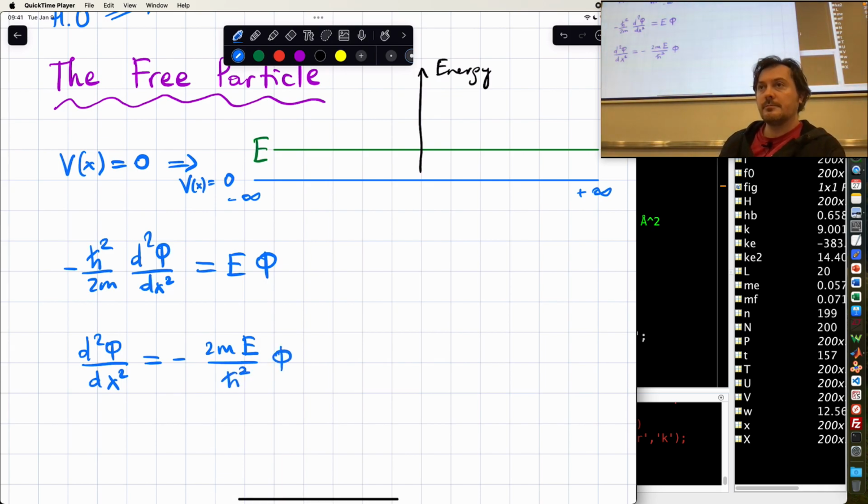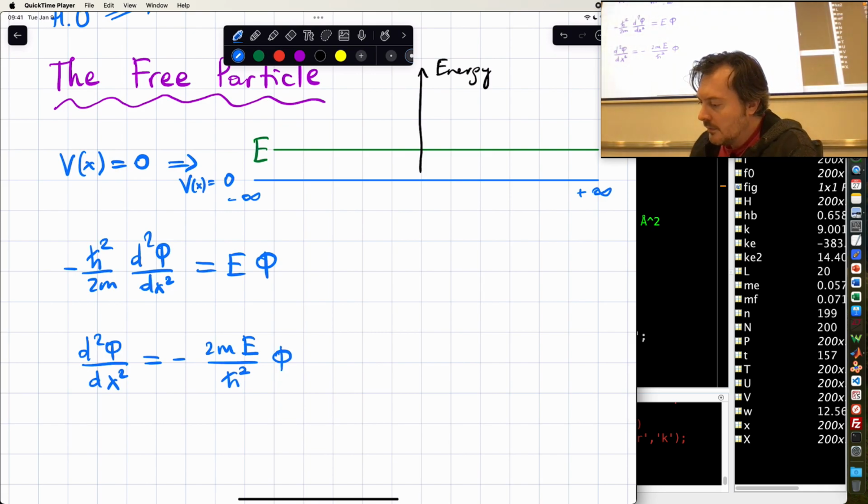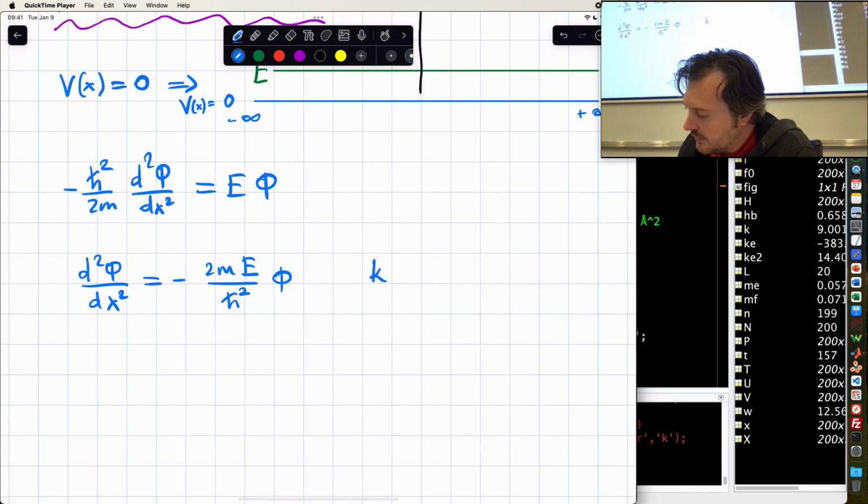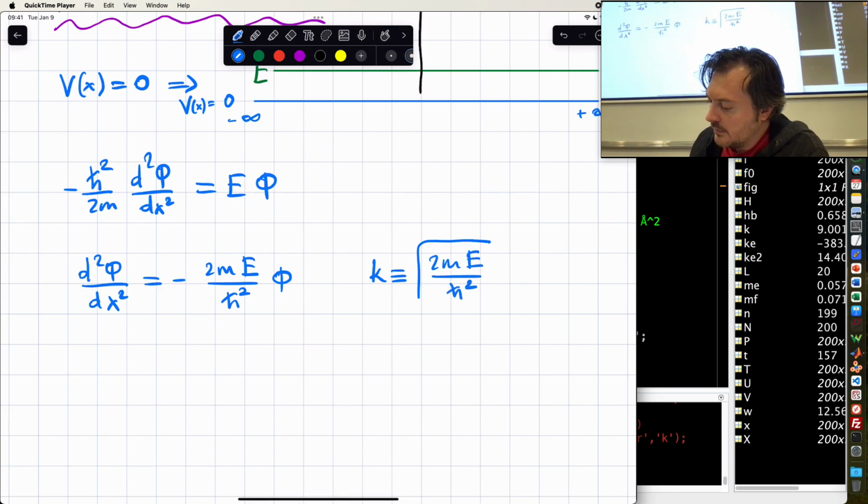Okay. So I'm going to call this one k squared. So k is defined as 2mE over h bar squared. Then the equation becomes minus k squared phi.